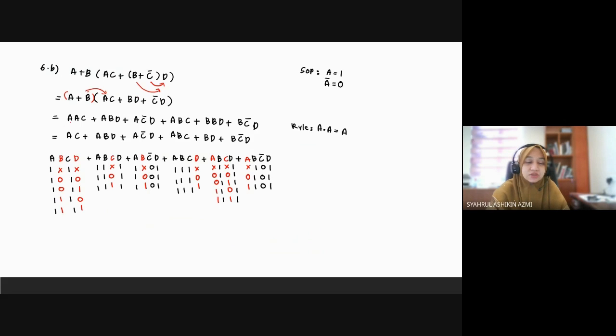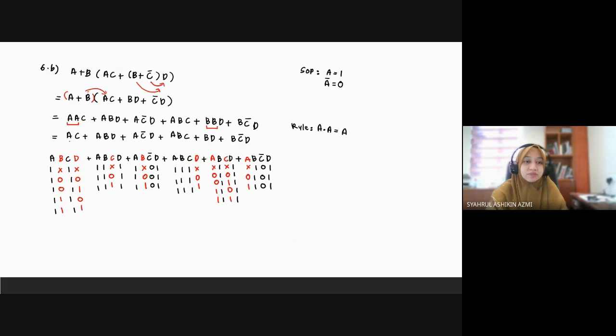It will lead us to this long expression here. And then for this long expression, use the rules here: A dot A equals A. So you get this expression over here: AC plus ABD plus AC bar D plus ABC plus B dot D plus B dot C bar dot D.